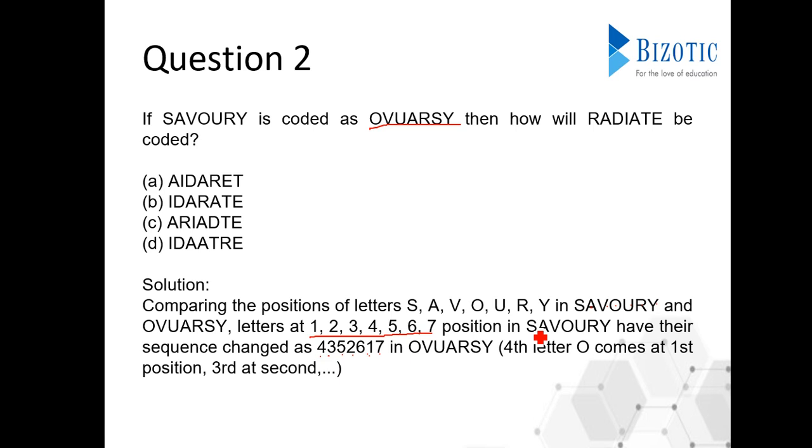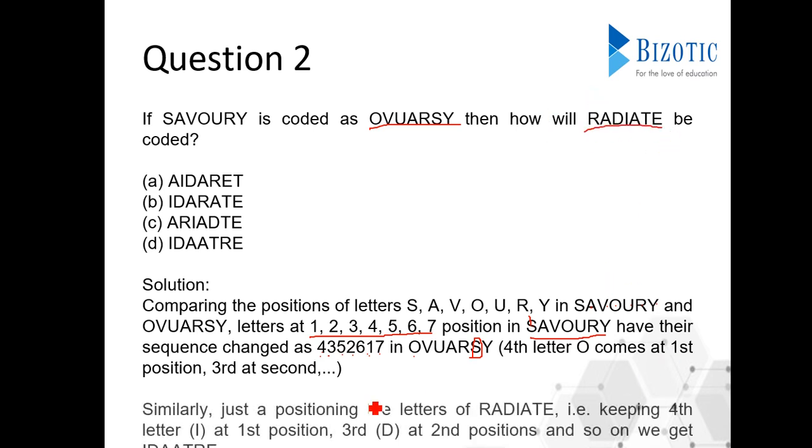For example, the first letter O is in the fourth position in the word savory. S is the first letter of the word, so you can see it as the last one here. So they just compare the position of the original word to the coded word. The fourth letter O comes as the first position, third as the second, etc.